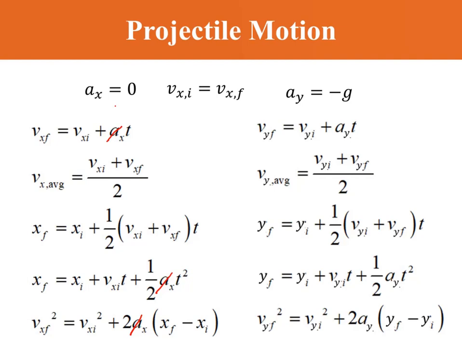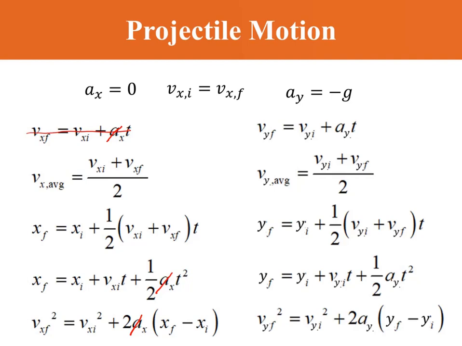In other words, when vx is constant, vx final equals vx initial. This is just a statement about ax being 0, so this equation cannot be used.